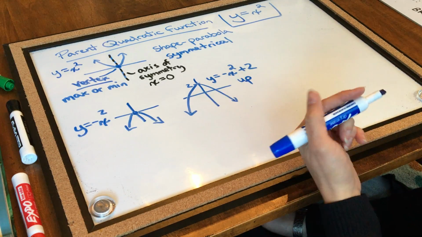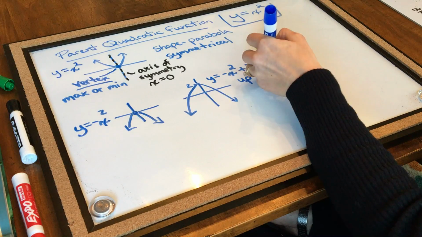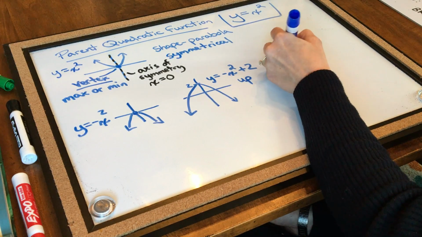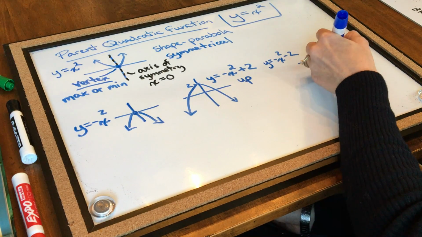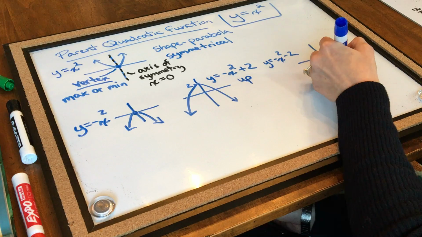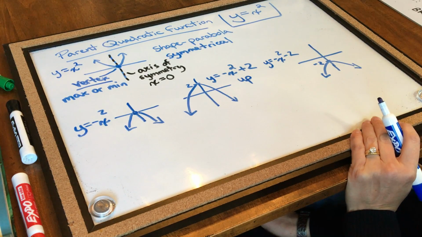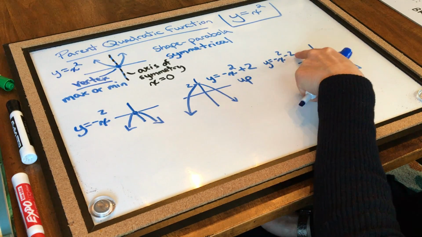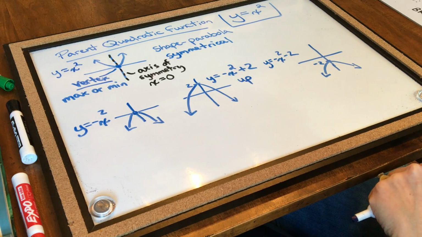If I wanted to shift it down, it would become x minus 2. So if I was going to do y equals negative x squared minus 2, what I'd end up with is a graph that would shift downward. So this would be at the point negative 2. Adding a constant onto the end will shift it up or down, whether you're adding or subtracting.